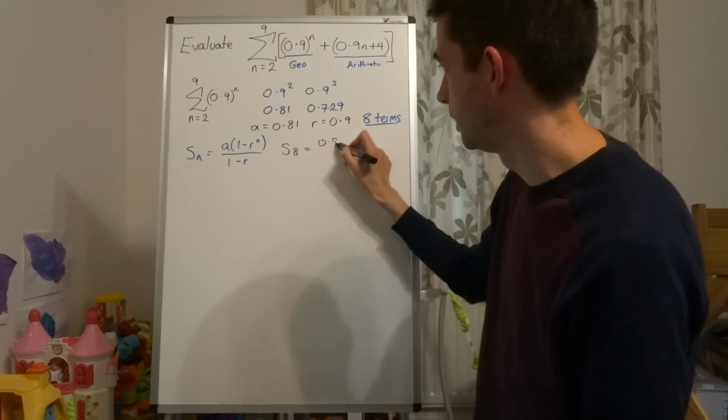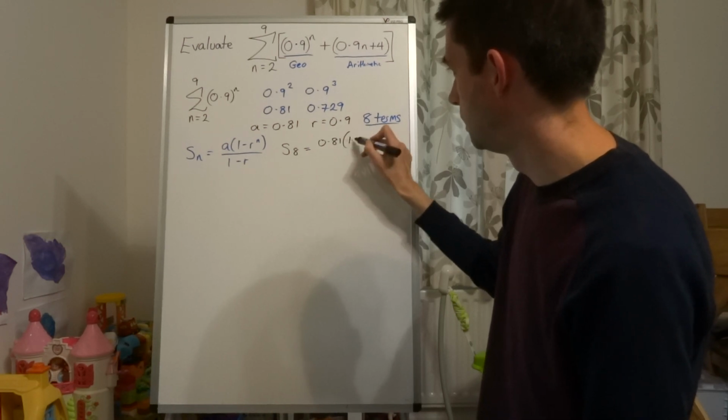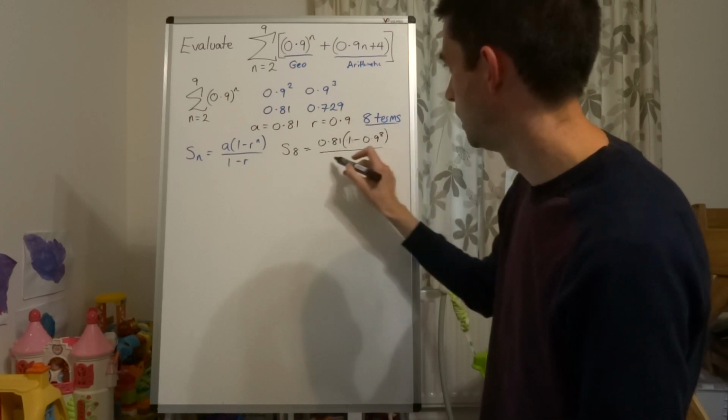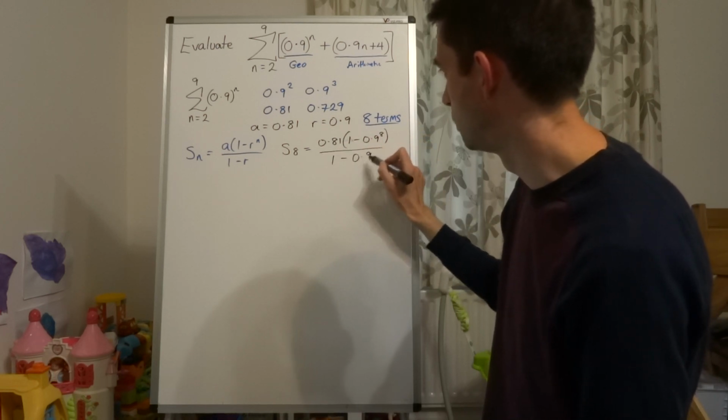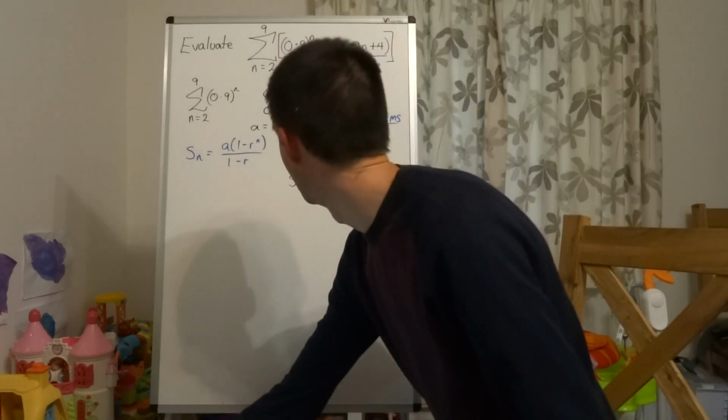a is 0.81, 1 minus 0.9 to the power of 8, all over 1 minus 0.9. I'm just going to work that out on my calculator here.